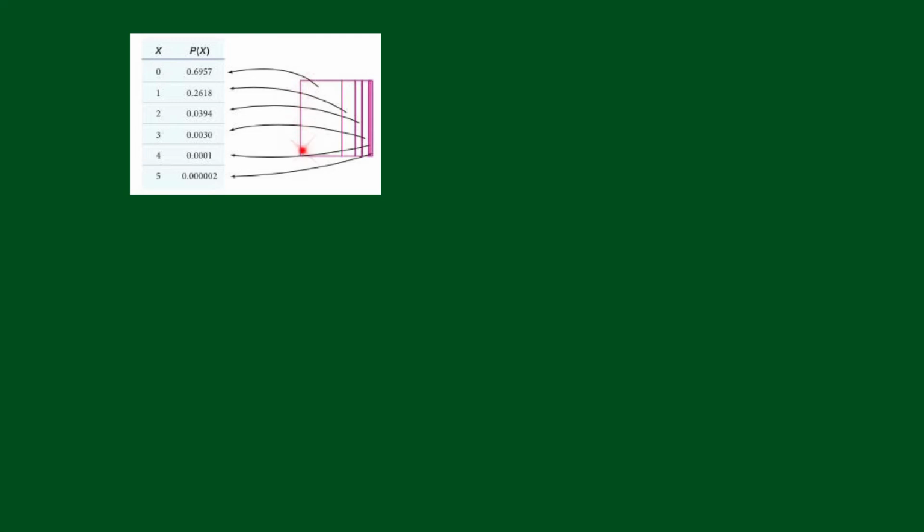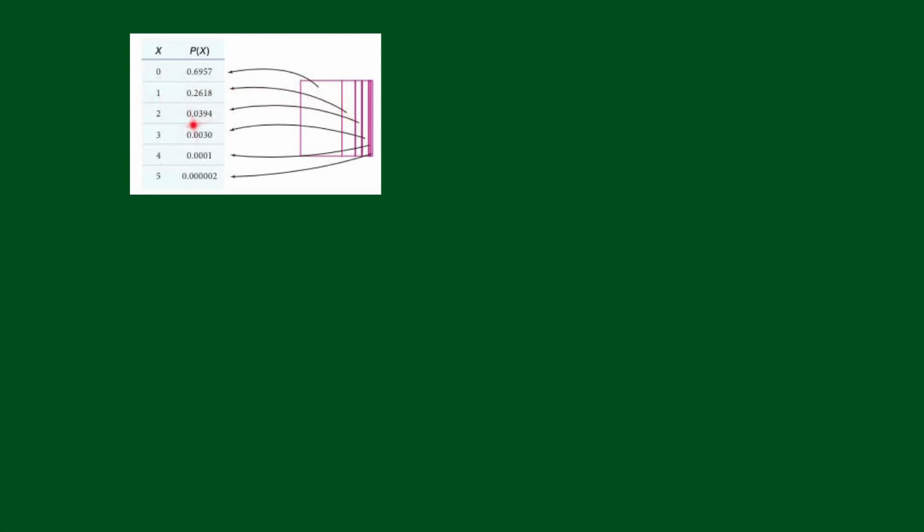Here's that 1 square unit of probability. What I'm going to do is take just about 69.57% and distribute it to the 0. Then I'm going to take about 26.18%, that might be this much right in here, and distribute that to the 1.